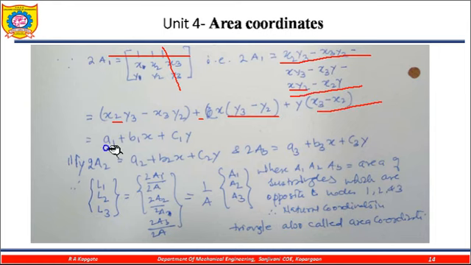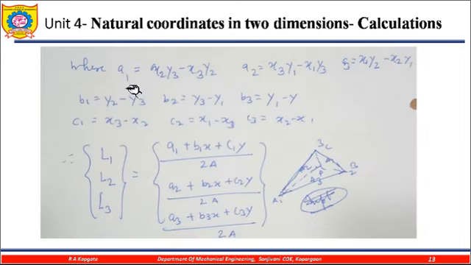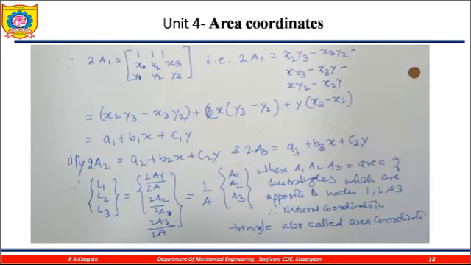Hence that is a1 equal to this one. This a1 is already defined here. A1 is this, A2 is this, A3 is this one, B1 is this one, B2 is this one, B3 is this one. So according to this, this is A1 plus B1x plus C1y.